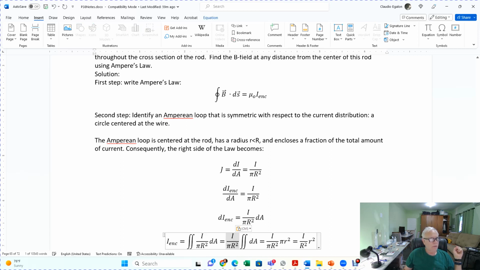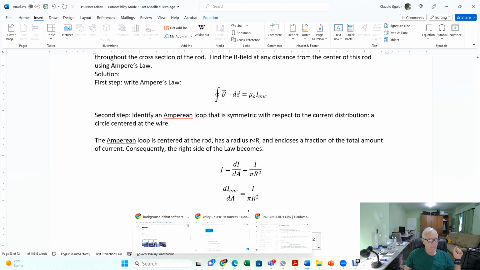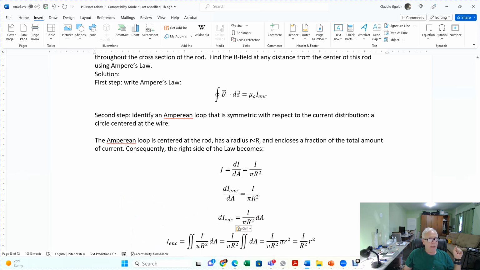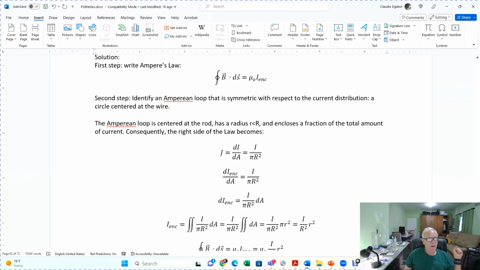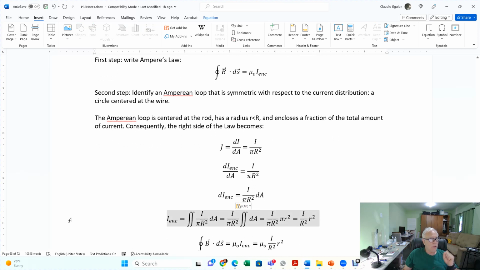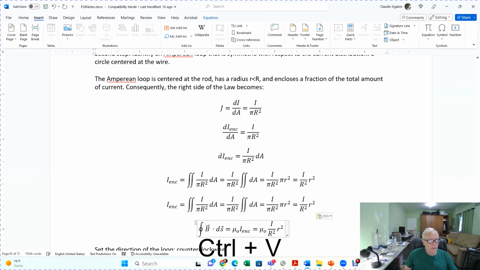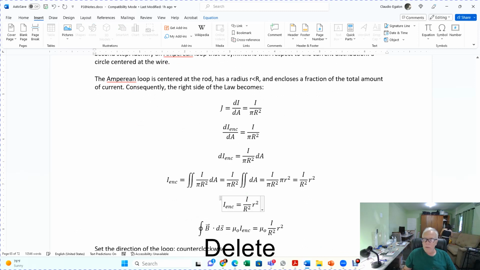This is a constant, so you can take it out of the integral. Don't forget it's an area integral. The area enclosed by the loop is pi r squared. The pi cancels out this pi, and then we found that I enclosed is this value right in here.